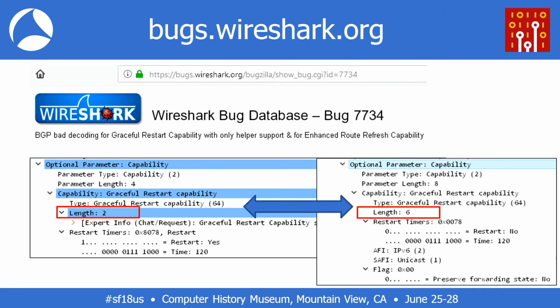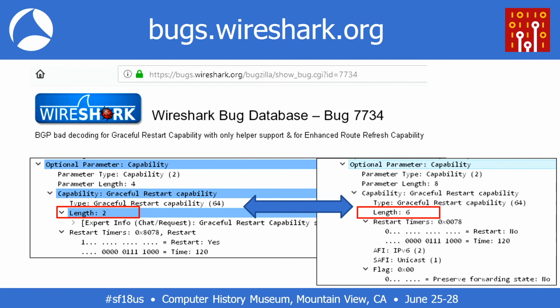Okay. Also, bug database. Some samples here, and I used 2 trace files to compare the difference. On the left-hand side, we have a length of 2. On the right-hand side, we have a length of 6. I was thinking, okay, Wireshark tells me something. What's the difference? I have a restart timer, yes or no, and the restart timer value. On this side, we have the address family and the sub-address family, here IPv6 unicast.